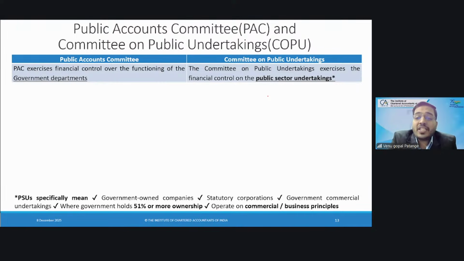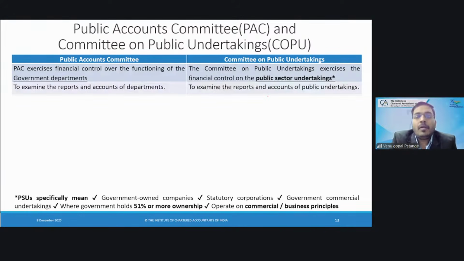In short, it is a corporate setup, corporate entities. All the departments, schools, colleges, collector offices will come under the purview of PAC. The activity is the same, but the scope or the entities they deal with are different.